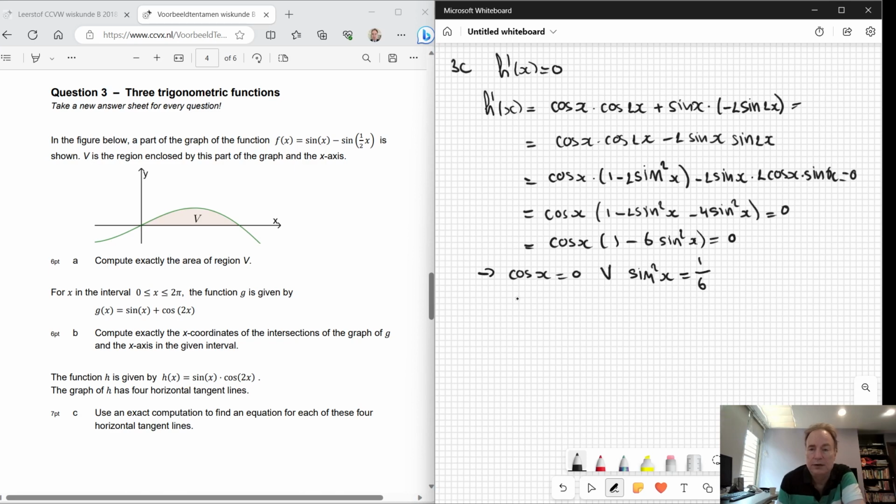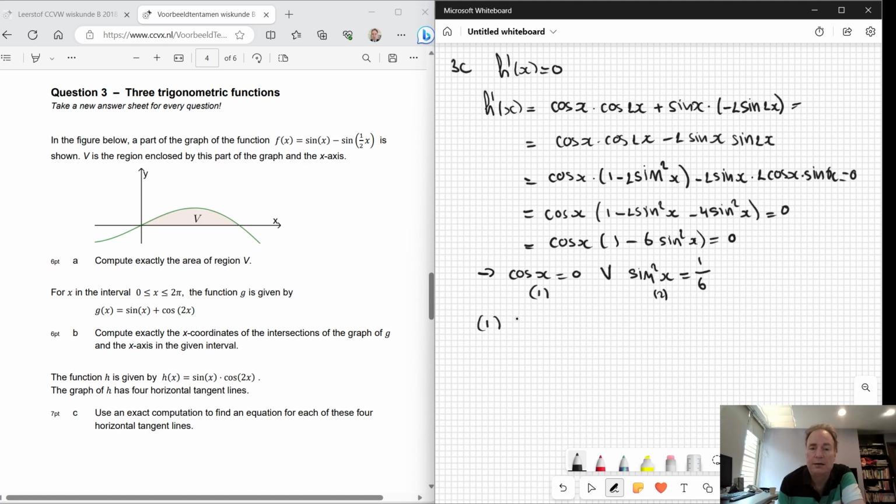So this one, let's say 1 and 2. So 1 means, oh wait, there's no interval actually. The cosine of x equals 0.